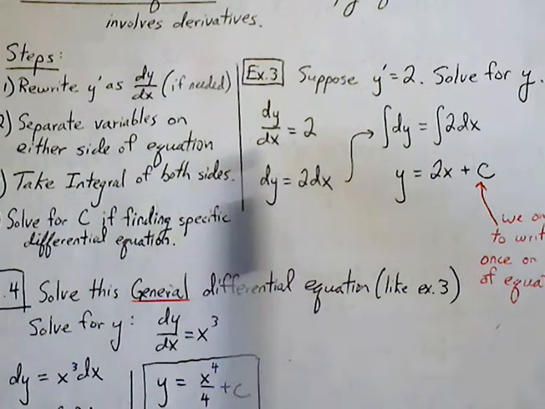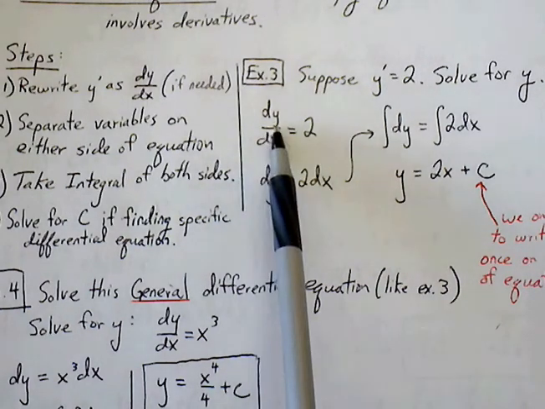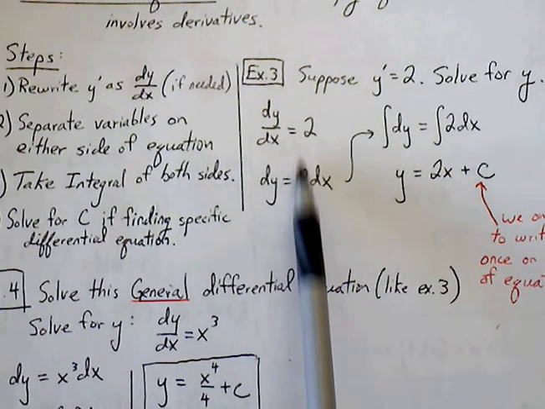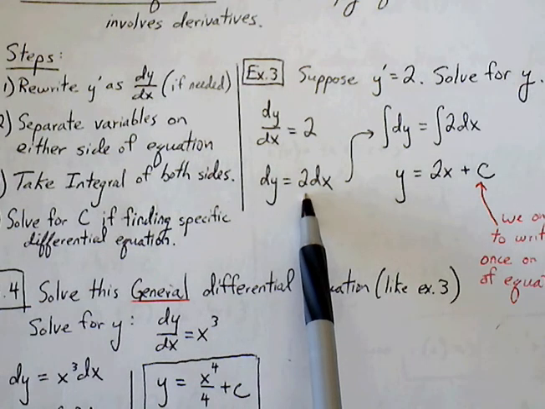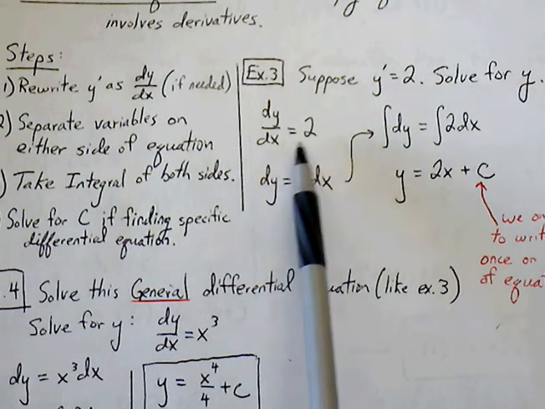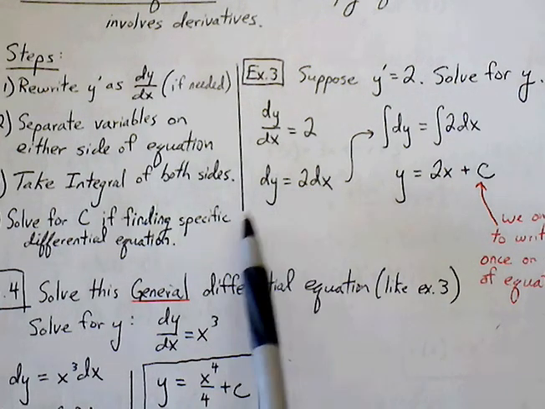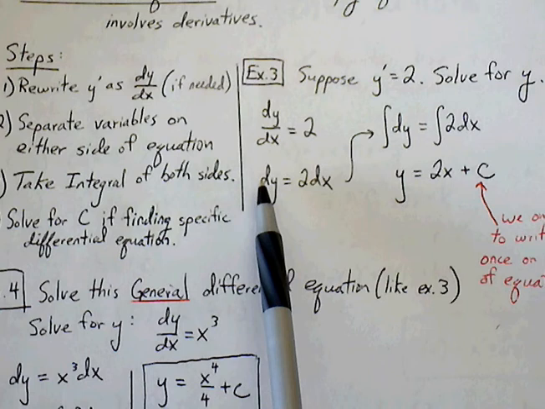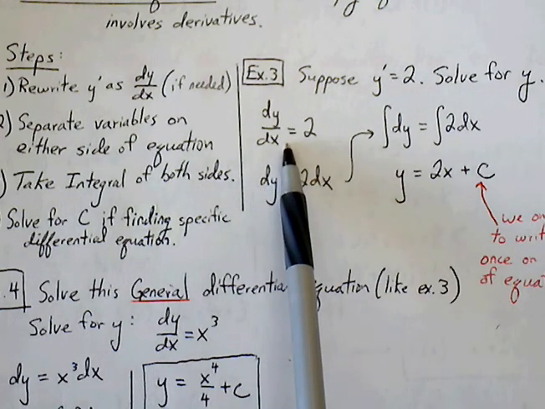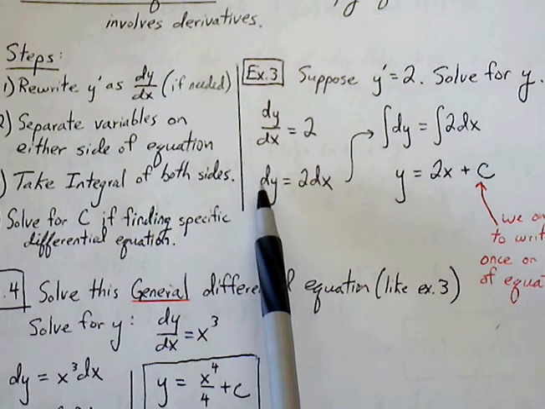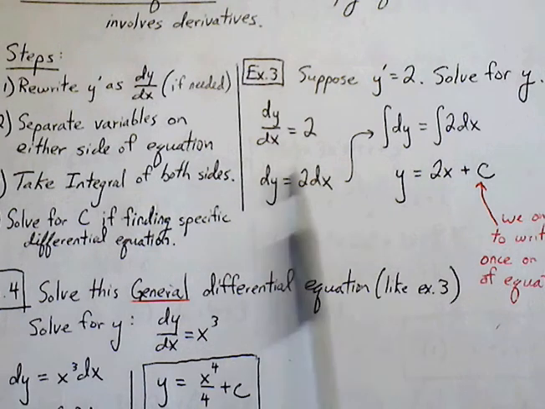Next step, separate the variables. So we want the dy on the left side, and let's move any constants on the right side along with the dx. There are no other y's in our differential equation, so we're only going to have the dy by itself on the left.